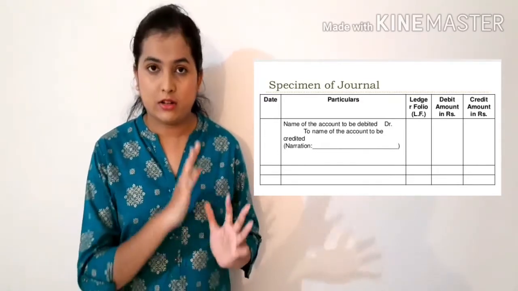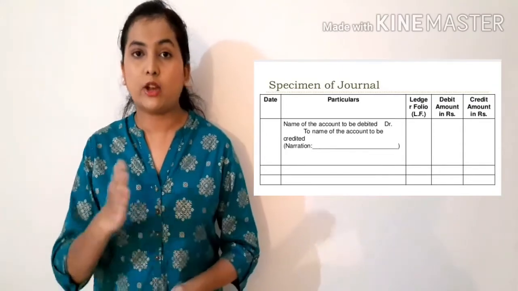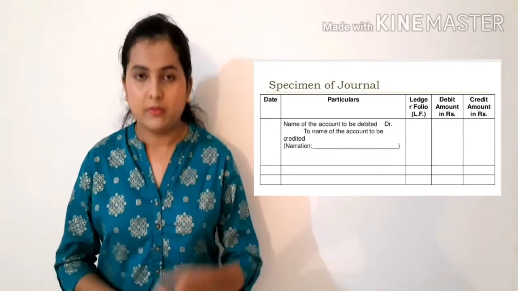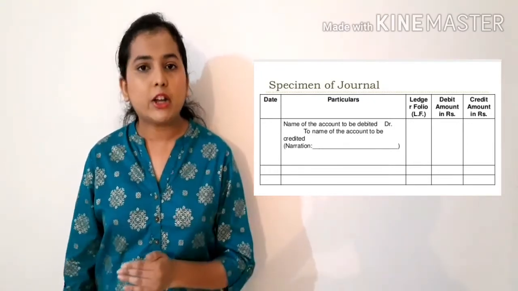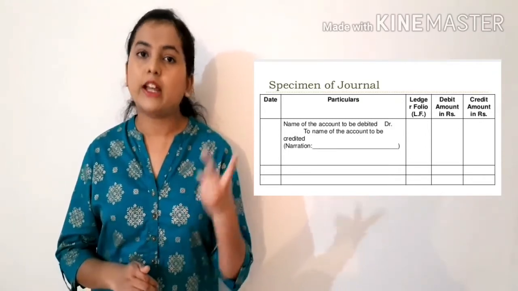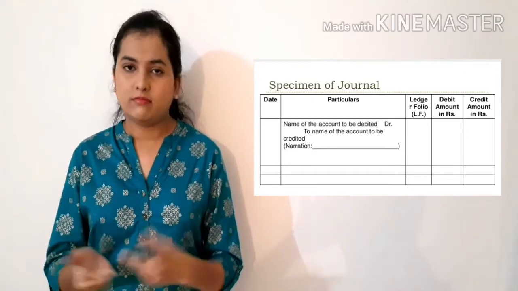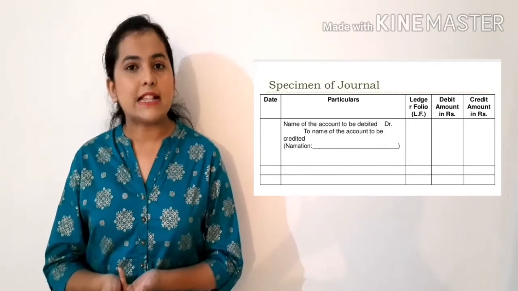Now in the date column, you have to write down the date of the transaction, like on what date the transaction is being carried out. That particular date will appear in the date column. In the particulars column, you have to write the two accounts that are affected in the transaction, like we have already studied, two accounts like purchases account, cash account, sales account.